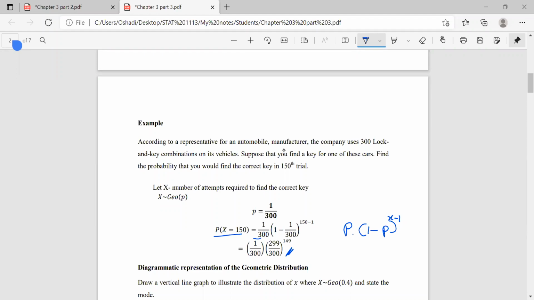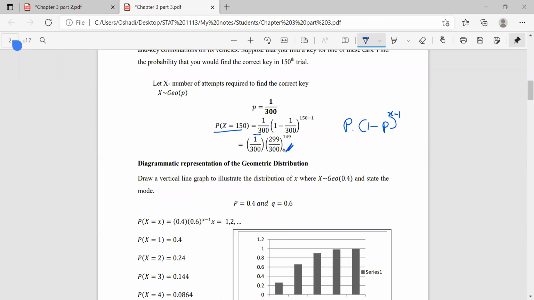So that is the geometric distribution. Now, the diagrammatic representation of the geometric distribution: as in the binomial one, here we can also represent the distribution using a diagrammatic representation.